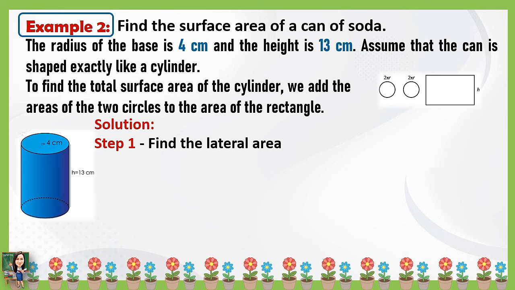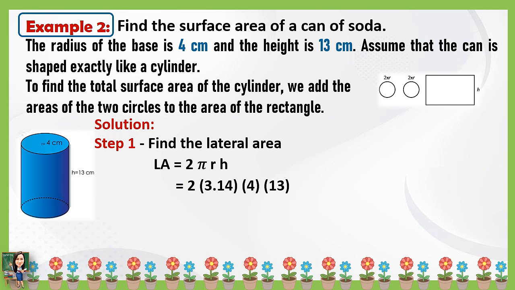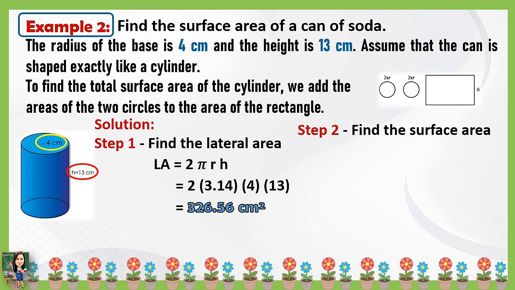Find the lateral area. Lateral area equals 2 times pi times radius times height, or 2 times 3.14, which is the pi, then the radius is 4 centimeters and the height is 13 centimeters. 2 times 3.14 times 4 times 13 equals 326.56 square centimeters.